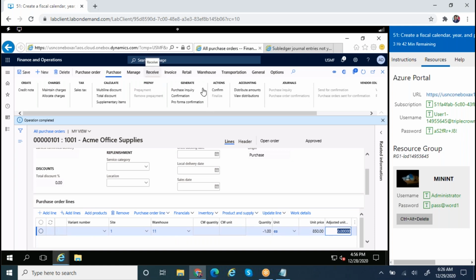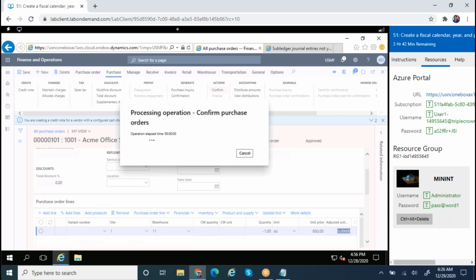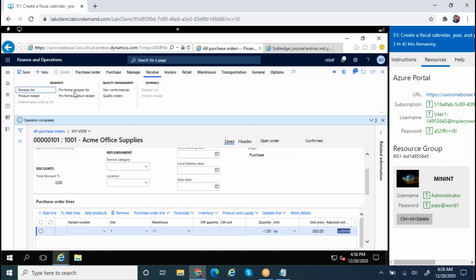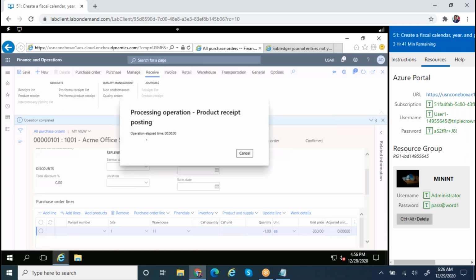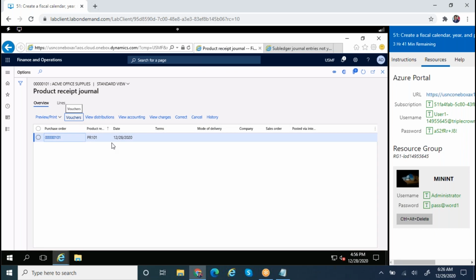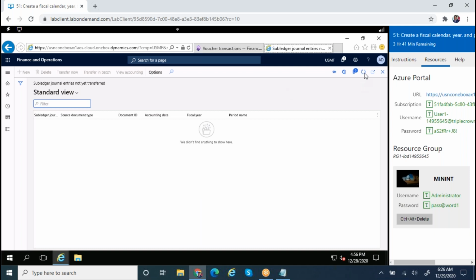Okay, now I'm doing confirmation. Product receipt, and then invoice. So the product receipt will be posted. If you look at this one, once again I think I need to do the reversal.